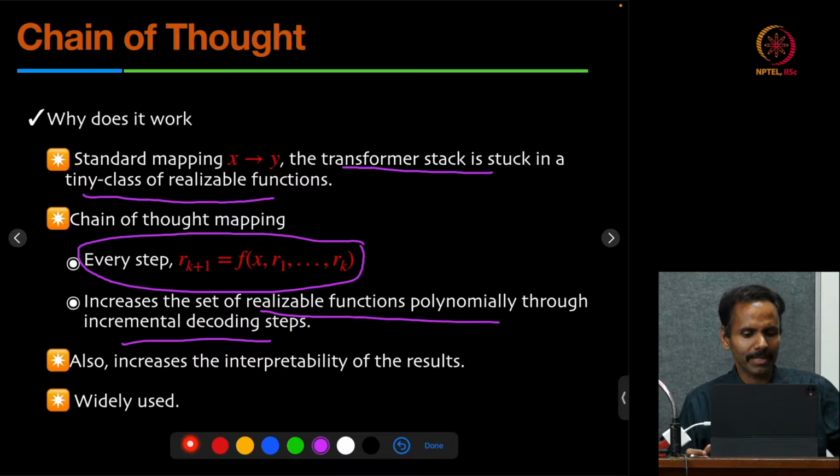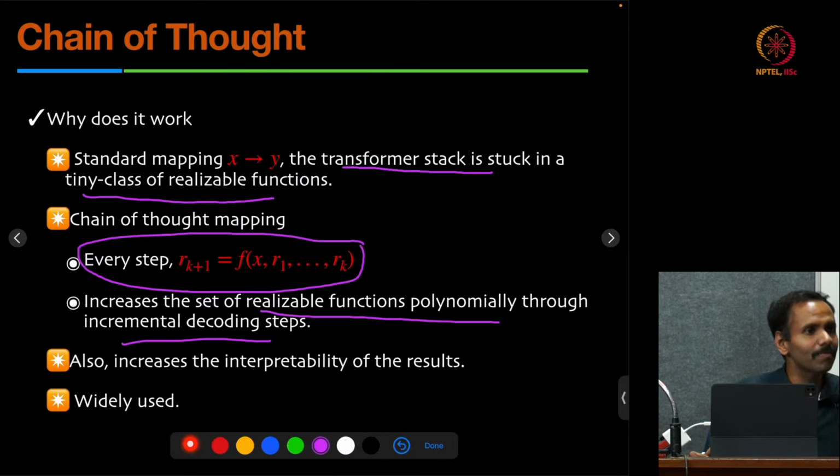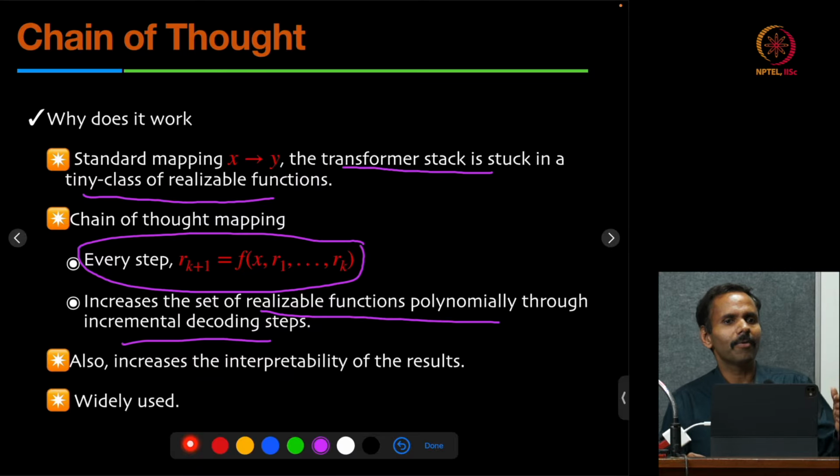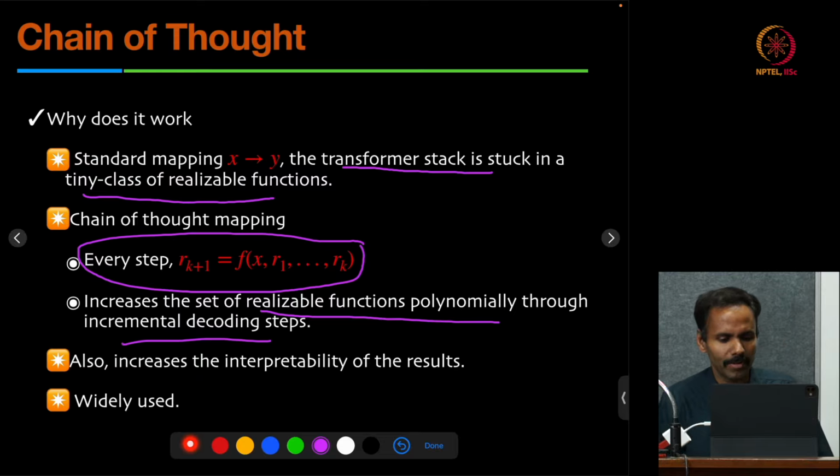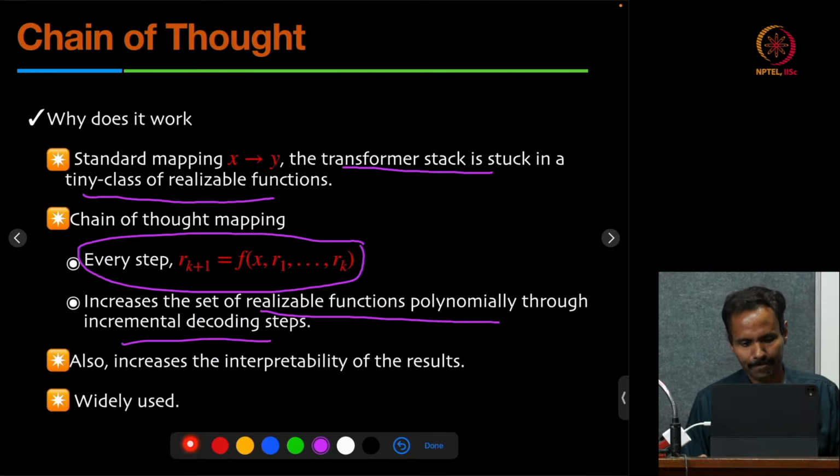So every time you're giving a partial response along with the prompt, then the model knows that, okay, this has already been partially computed and it only has to compute a smaller class of this function or a smaller complexity of the function that it has to do, and therefore it is more efficient, and then you can build this towards a set of or a chain of such steps to get you the right response.